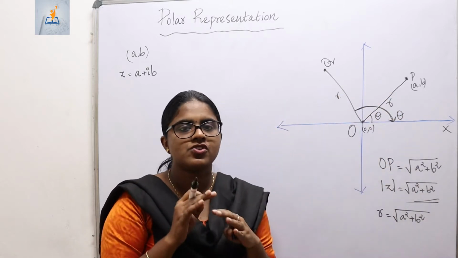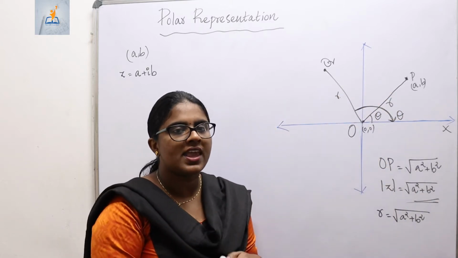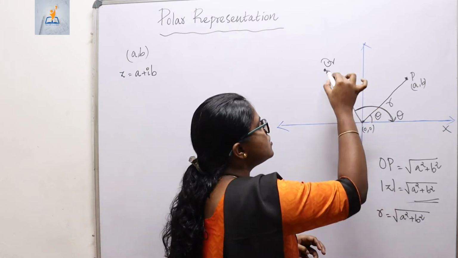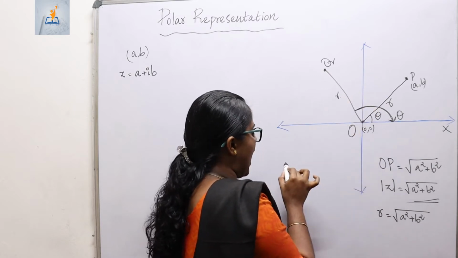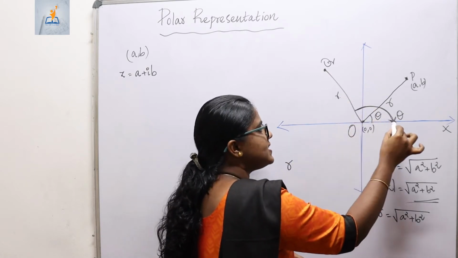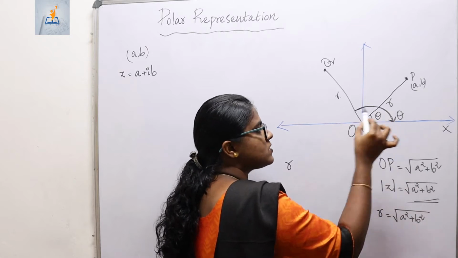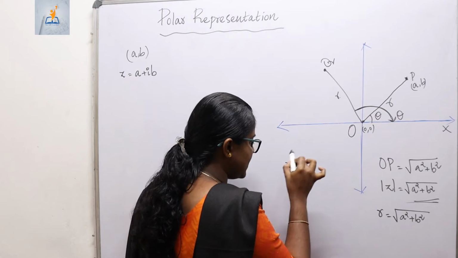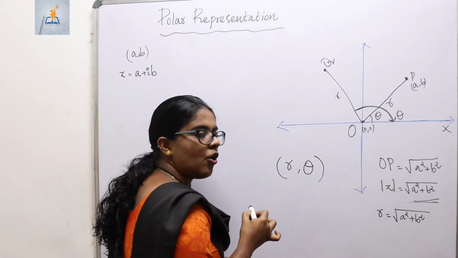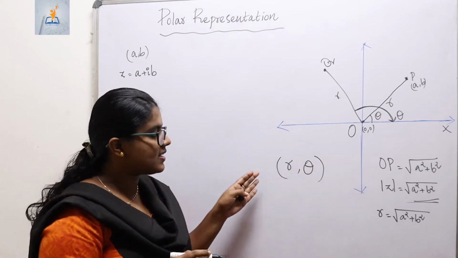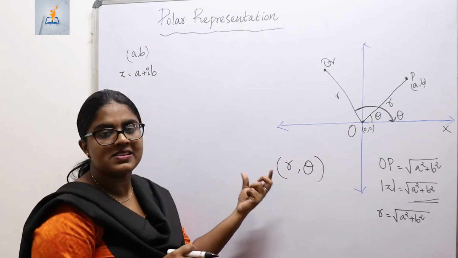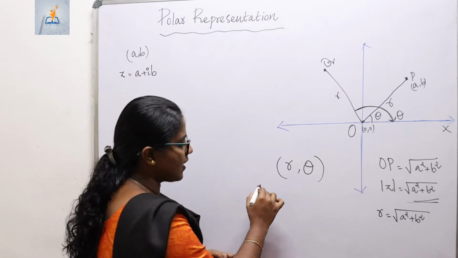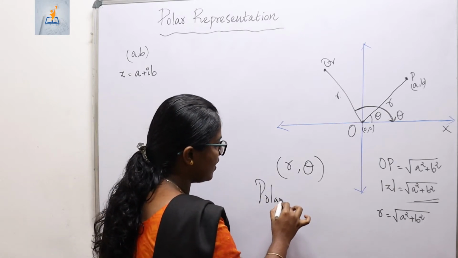So corresponding to every complex number, we can find two components, that is the distance from origin to that particular point, which we call r, and one theta, which is made in the positive direction of x-axis. So r comma theta forms another such coordinate which represents a complex number, and this type of coordinates are called polar coordinates.